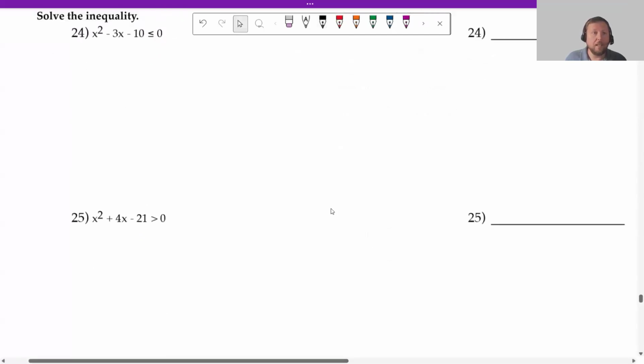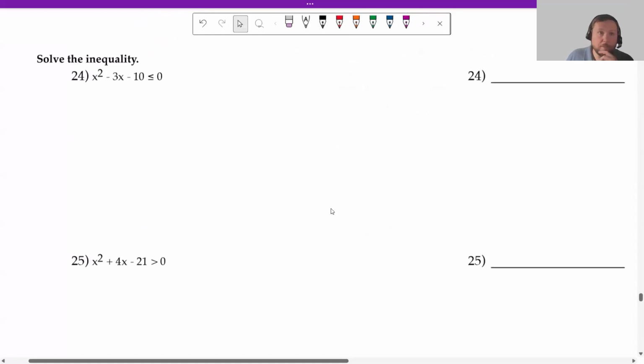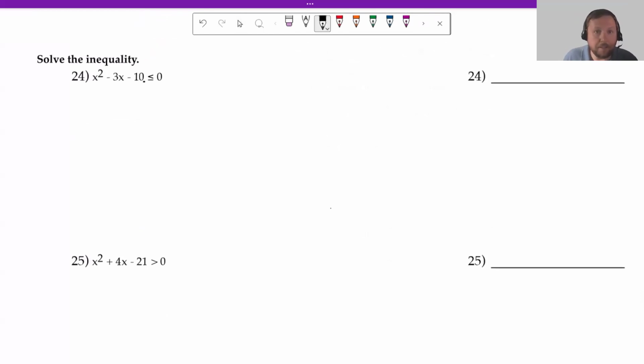Solve the inequality. Well, you can solve these by graphing. You can use my favorite option, which is what I'm about to do, because I'll get done faster. So I want to solve x squared minus 3x minus 10 is less than or equal to 0.